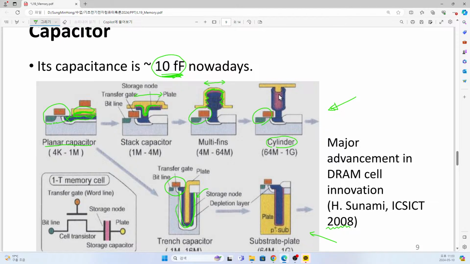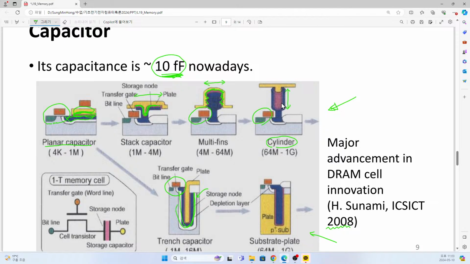So now we have a very tall building corresponding to the capacitor, and its aspect ratio is nowadays several dozen. So it is like a very tall building in its structure. Okay, so the capacitor is quite important and it has evolved.